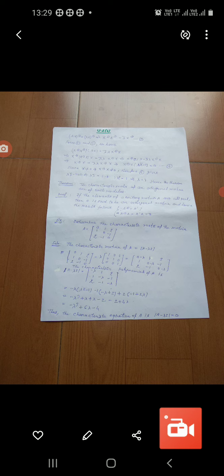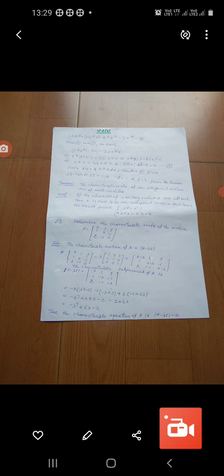So we have the characteristic matrix of A equal to A minus λI, and this is equal to A, that is 0 1 2 in the first row, in the second row 1 0 minus 1, in the third row 2 minus 1 0.